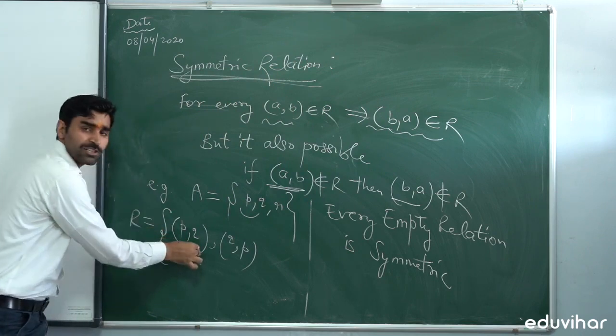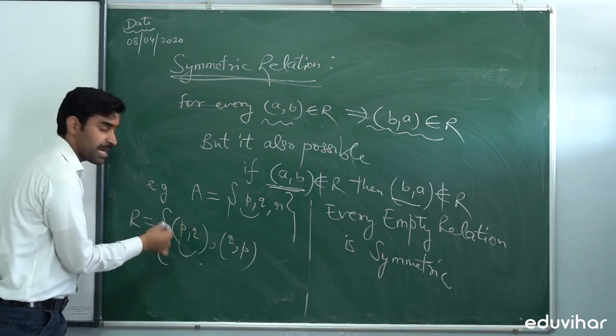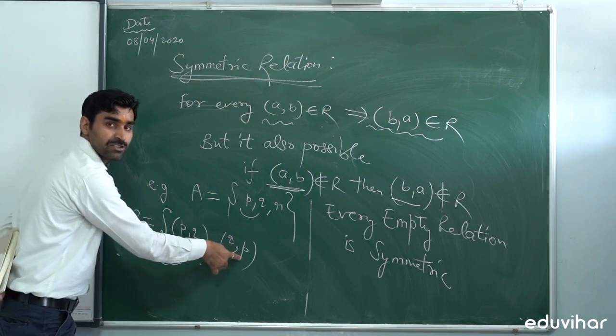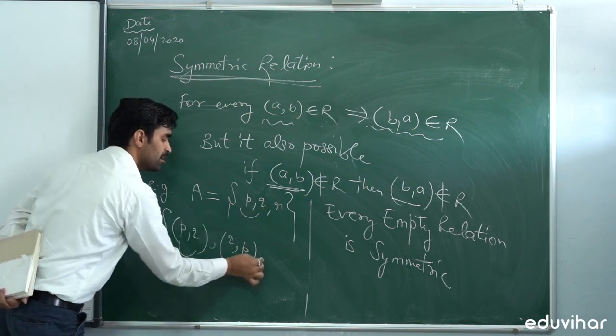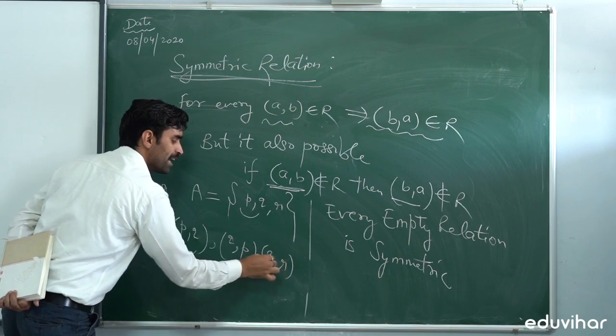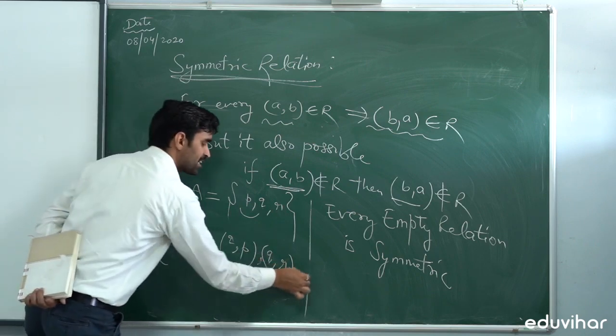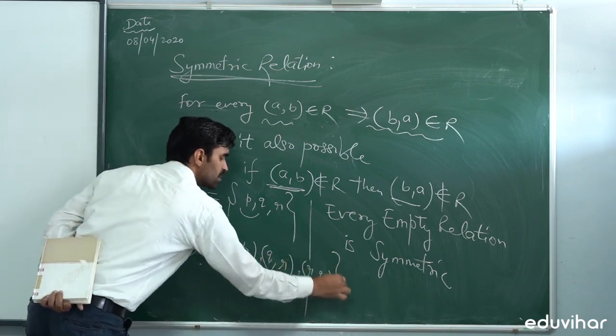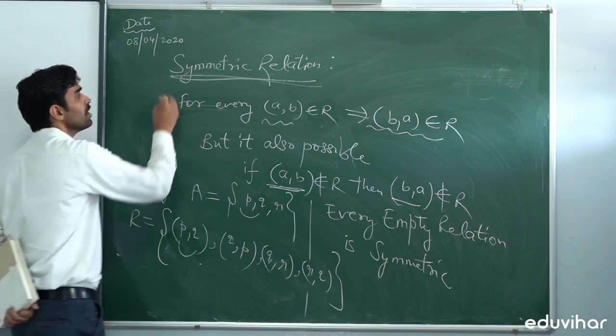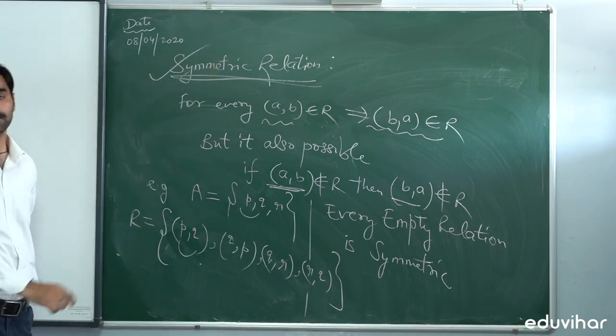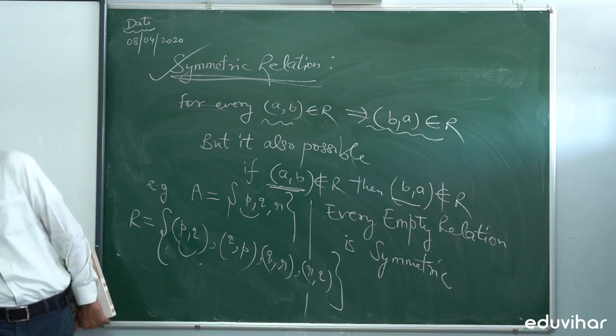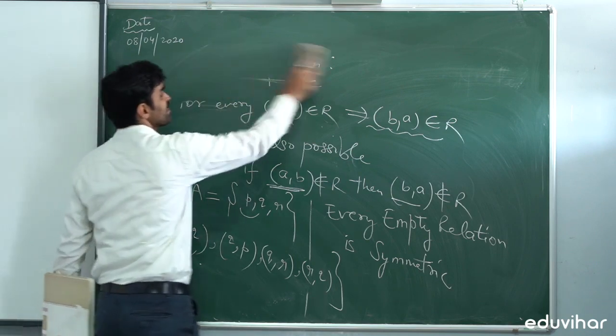So if PQ belongs to the relation, then its inverse mapping, that is QP, also belongs to the relation. If QR belongs to the relation, then RQ also belongs to the relation. That is for a symmetric relation.